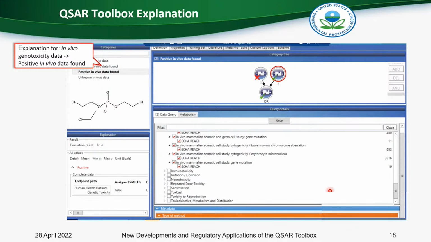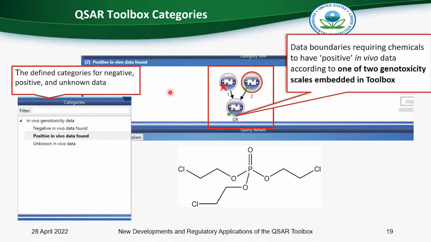And this is the full explanation. We're going to go through this pane by pane. And as you can see right here, positive in vivo data was found. And how do we know this? Well, on the next slide, I can show you that QSAR Toolbox is told to look for data that's requiring the chemical to be positive in one of 2 genotoxicity scales that's embedded in the toolbox. It is searching gene mutation data and chromosomal aberration data.